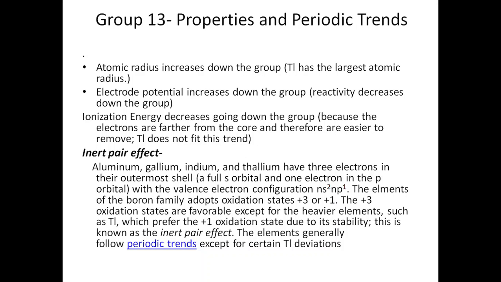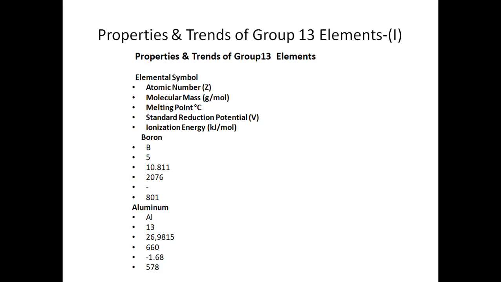So this electron pair remains in the s orbital and cannot be given out easily. That is called the inert pair effect. The elements generally follow the periodic trends except for the thallium deviations.